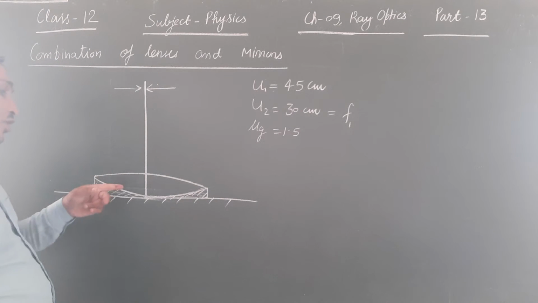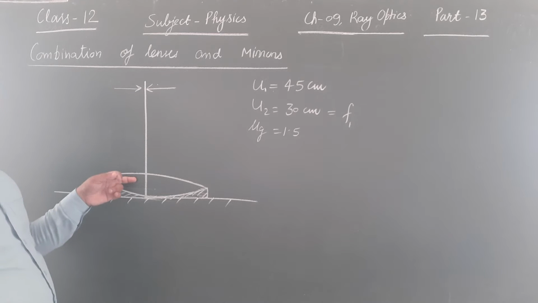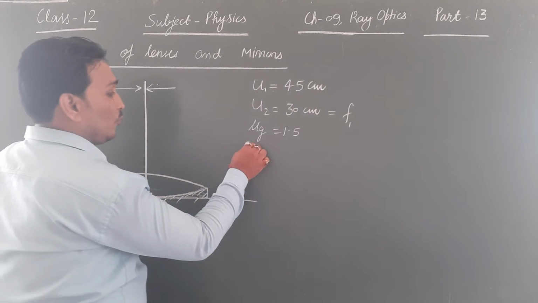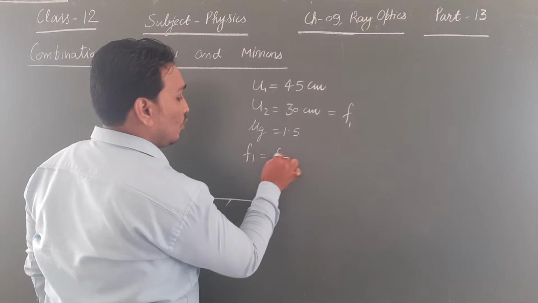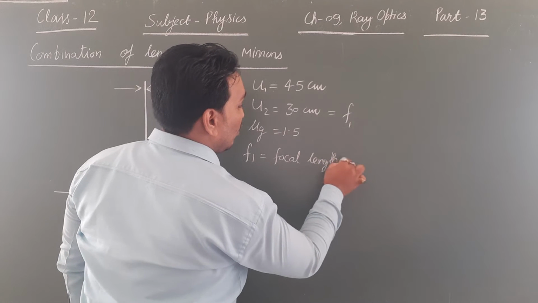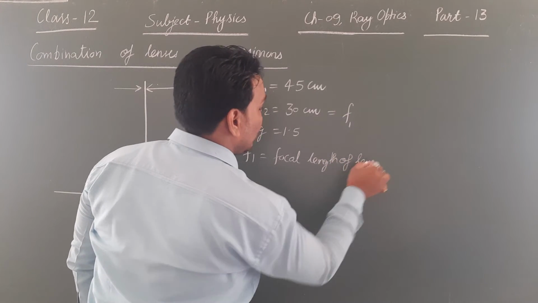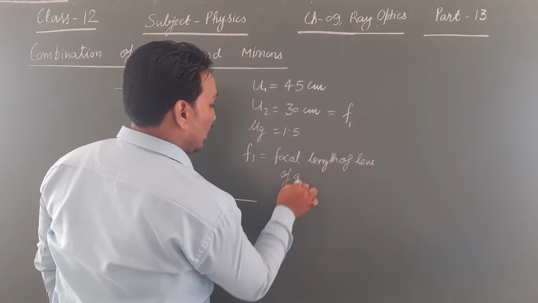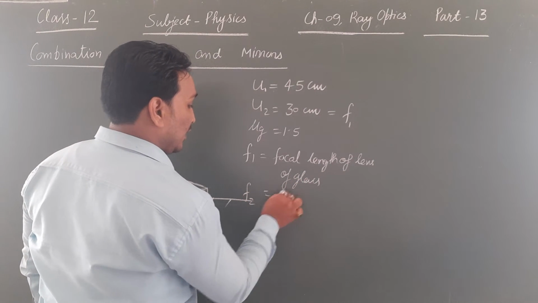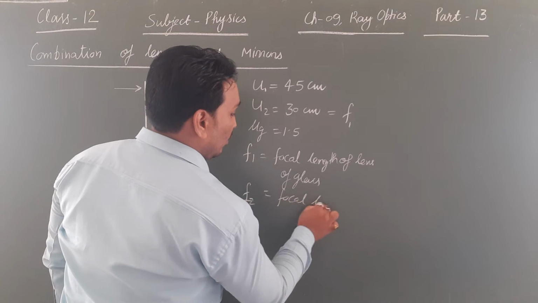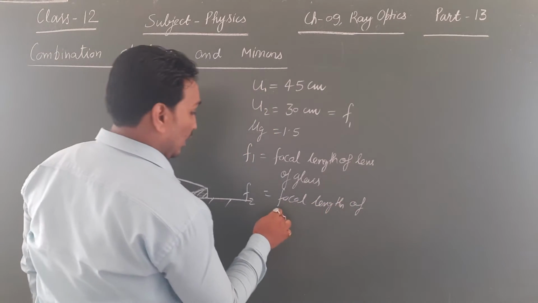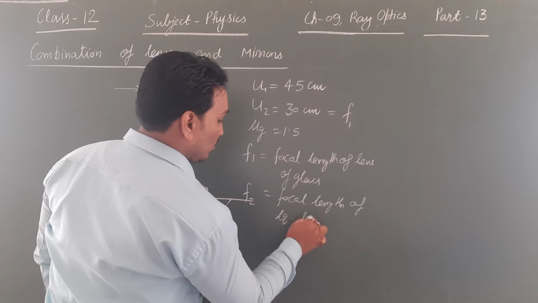Now we have a combination of a lens made of glass and a lens made of liquid. Suppose F1 is the focal length of the lens of glass and F2 is the focal length of the liquid lens.